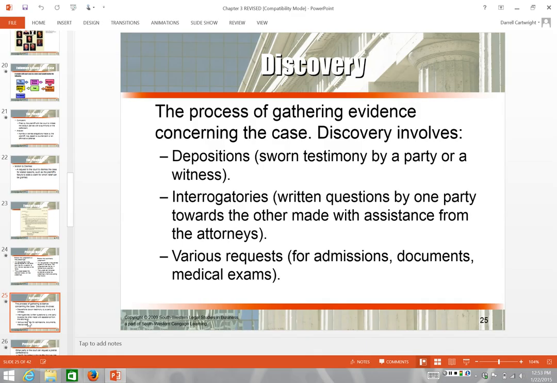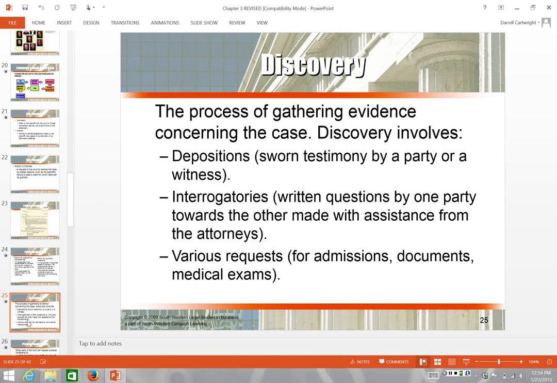Interrogatories, on the other hand, are written documents that are sent to the other side. They're written questions that are sent from one side to the other side, and the party receiving the interrogatories must answer those interrogatories.